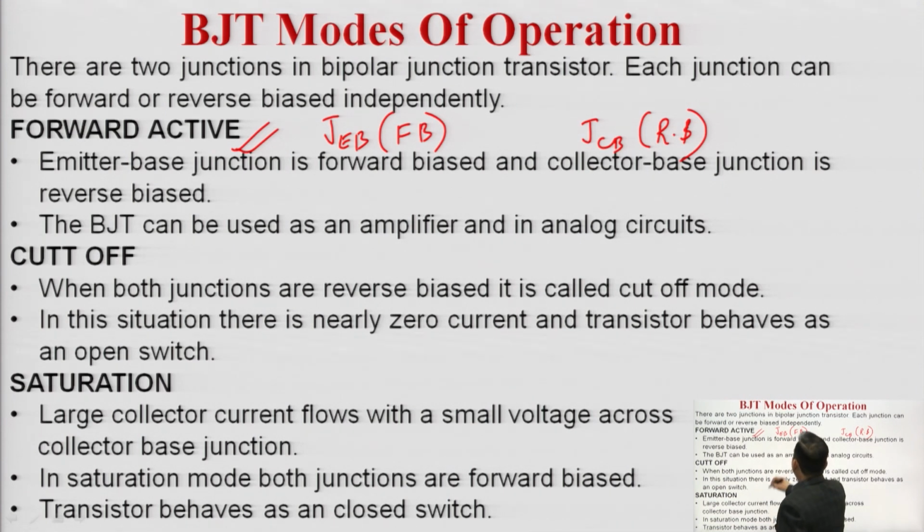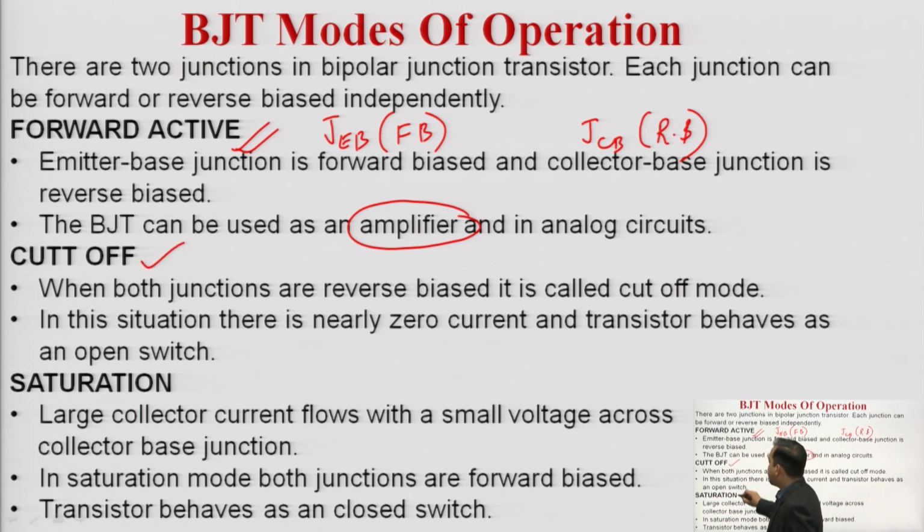The area of application for this forward active region is that the device works as an amplifier. That means if we provide some AC signal to this BJT, the signal will be amplified. So this is the application for this mode of operation.